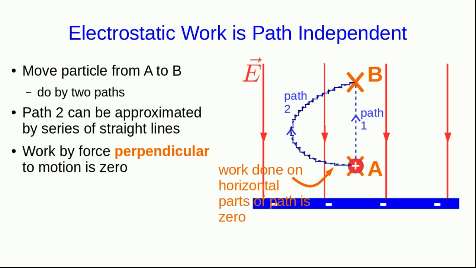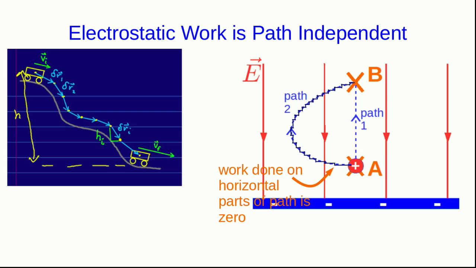And so the work done along all these horizontal parts of the path is 0. So what we're left with is the work along the vertical parts. But that vertical distance, if you add up all those vertical paths, is just the same as path 1. And so we get exactly the same work. And so what this is showing is that the work must be the same on both paths.